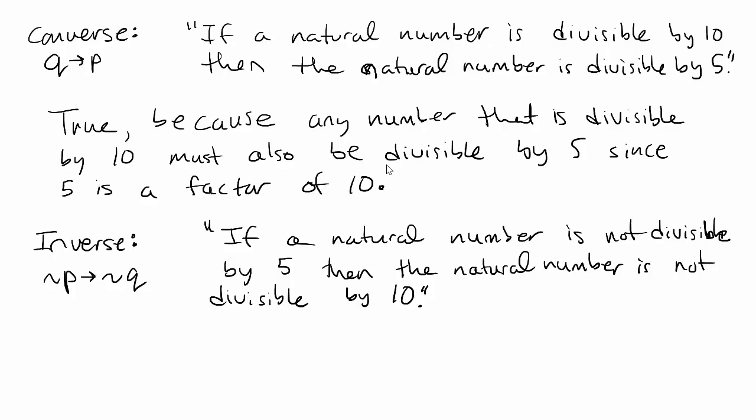So that one's true, right? If you have the number 20, you can divide that by 10. You can also divide by 5, right? Because 10 is 2 times 5.